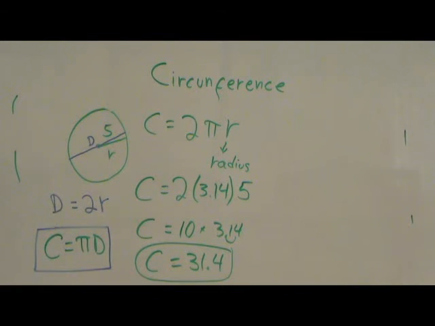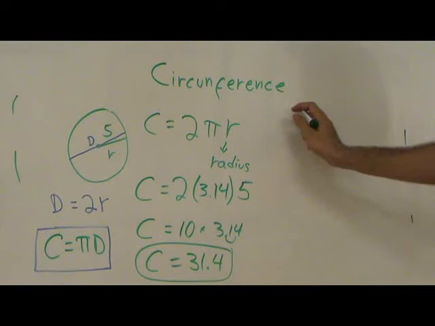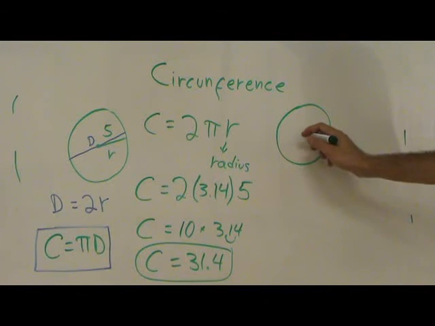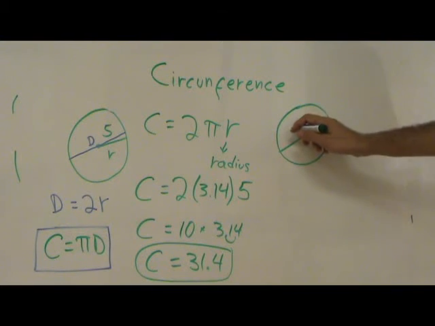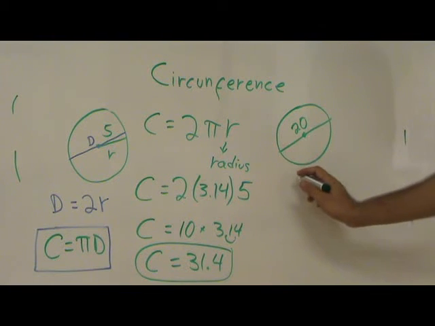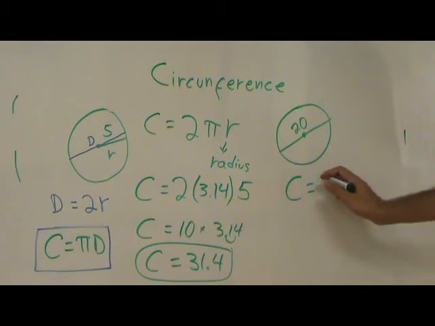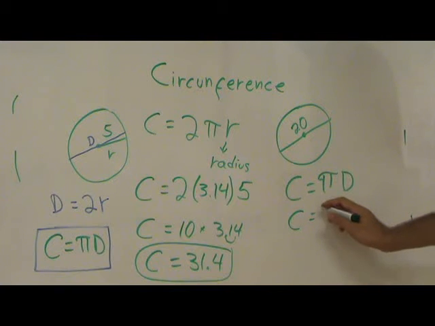Suppose that we have a circle. Let's do another exercise here. In this case, we have the diameter. Diameter will be equal, let's suppose, to 20. So to find the circumference, we use the formula C equal pi times D. The value of pi always would be 3.14.